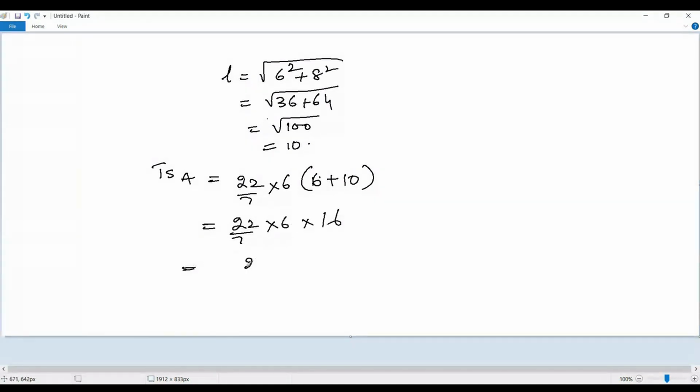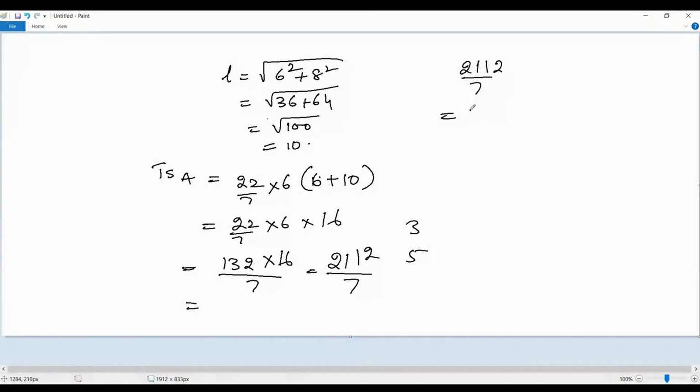So 132 into 16 by 7. 2112 by 7 is 301.7. You are right, 301.7 is the answer. So some mistake is in the options.